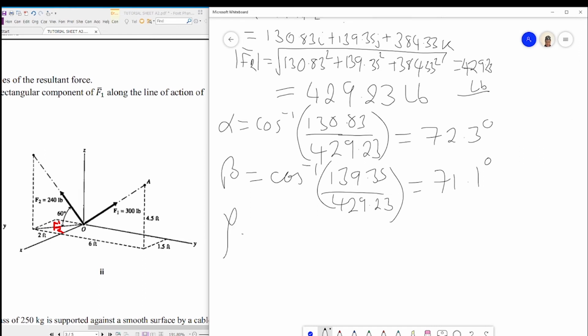Our gamma will be equal to cos inverse of 384.35 over 429.23, which will be equal to 26.4 degrees. Awesome.